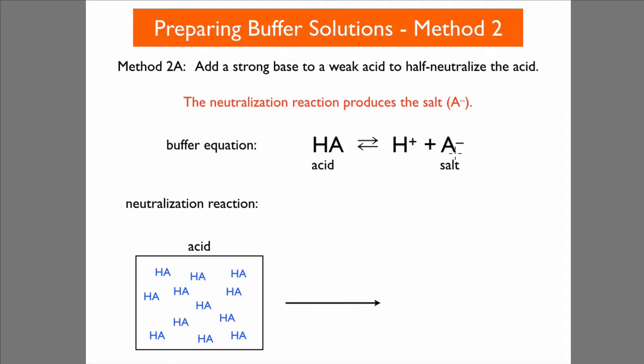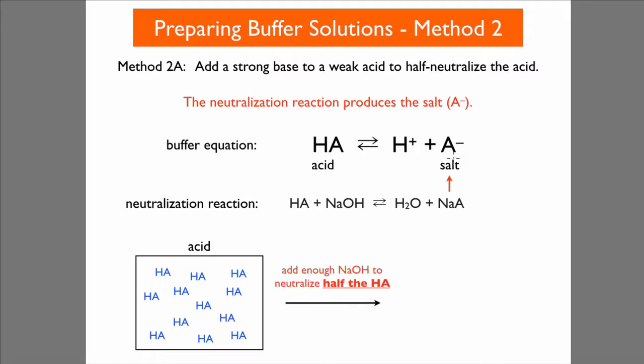So you have the acid and salt acting as buffers in the neutralization reaction, which is as follows. The weak acid reacts with a strong base to give us a lot of these anions because it's forming the salt, and so we have lots of this acid and lots of this salt present.